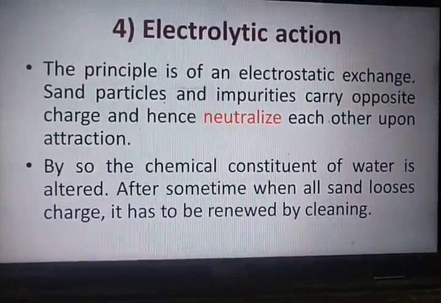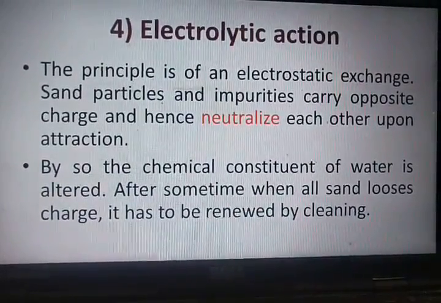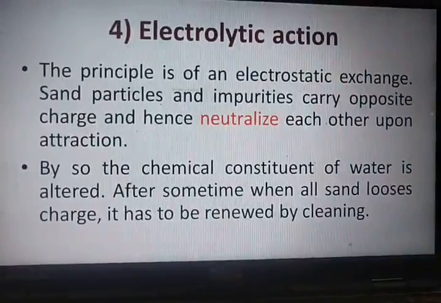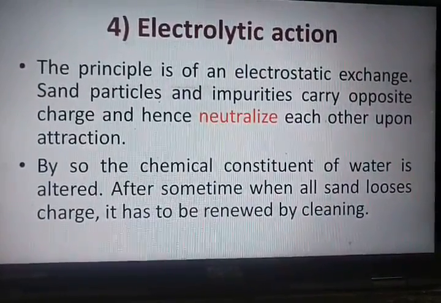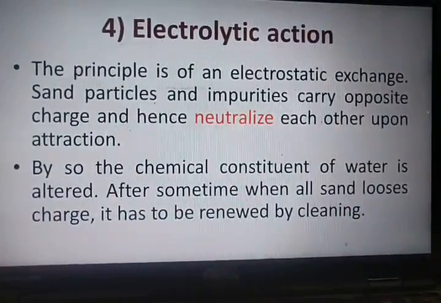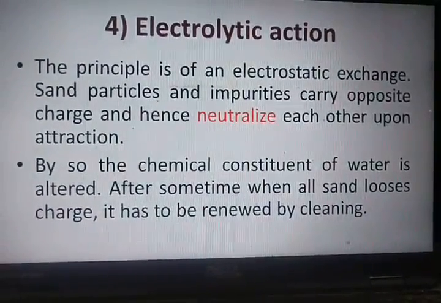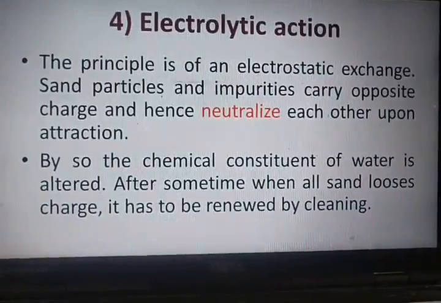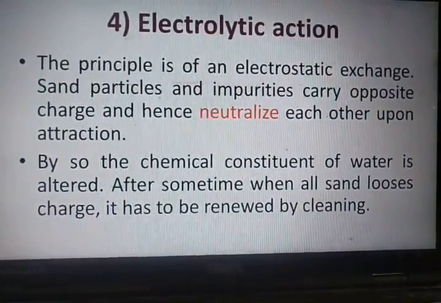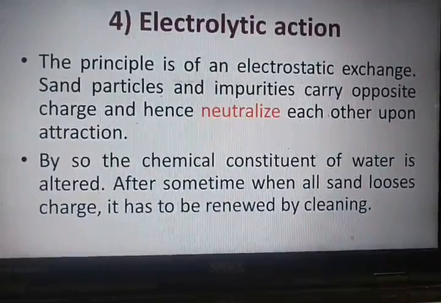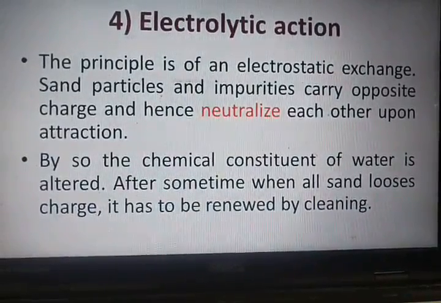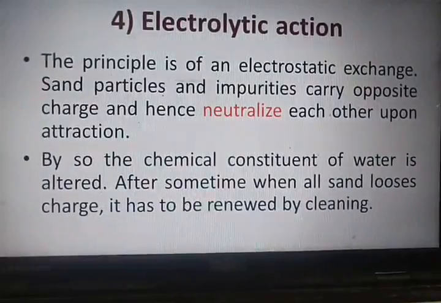So electrolytic action deals with the impurities having charged particles. Sand particles and impurities carry opposite charges, hence neutralization takes place upon attraction. Because of the neutralization process, the impurities are removed.